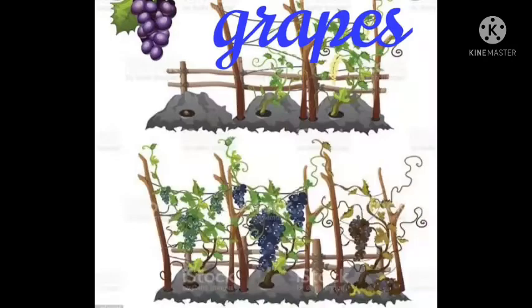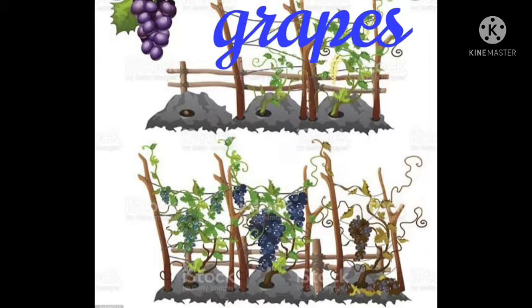The first example for a climber given in your book is grapes. You all have seen grapes. You would have eaten grapes. How many of you have seen a grape plant, at least in pictures? They say grapevine. They have a weak stem.